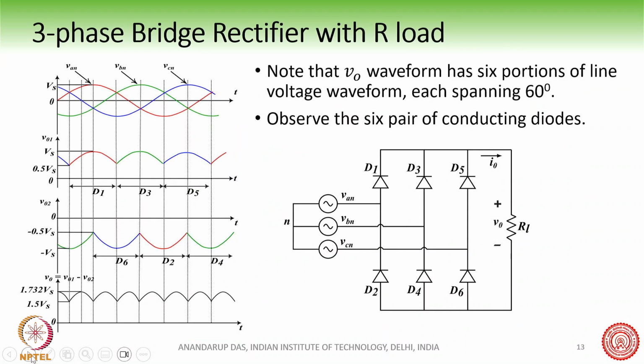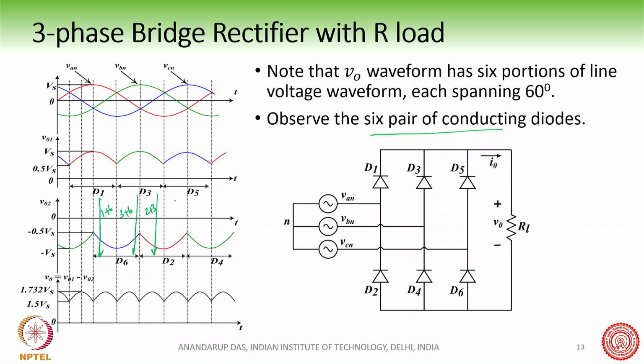There are actually 6 pairs of conducting diodes. You can see here 1 and 6 conducting, then 3 and 6, then 3 and 2, and like that.